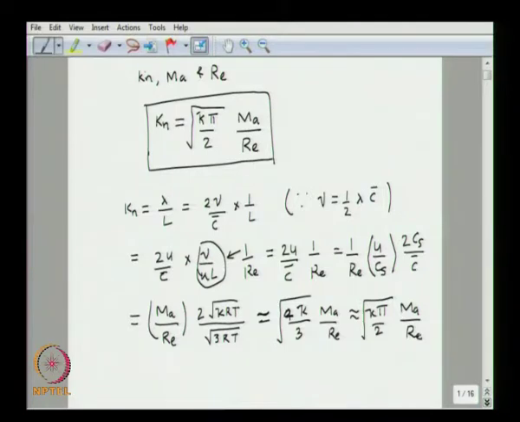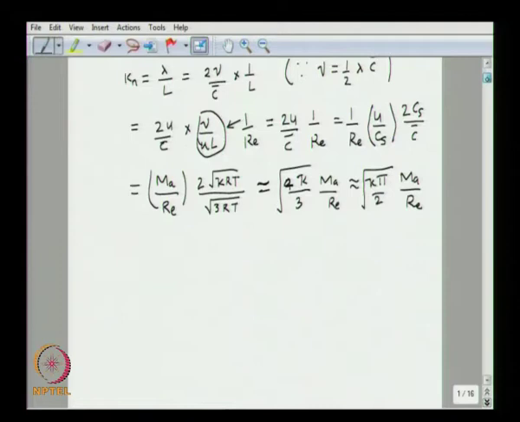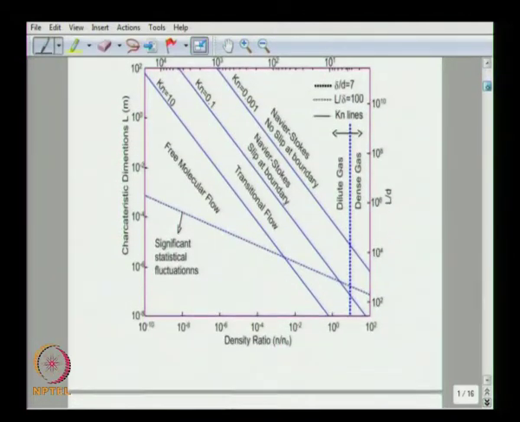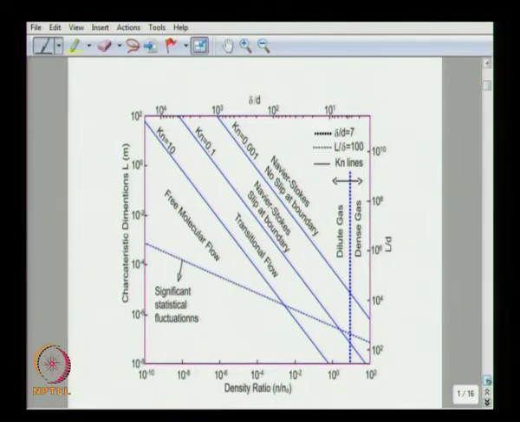Okay. So this is how we could prove the relationship between the three different non-dimensional parameters, the Knudsen number, Mach number and Reynolds number. So let us look at this plot that shows how these three numbers are related. It also gives you an overview of what happens to the flows at micro scale.